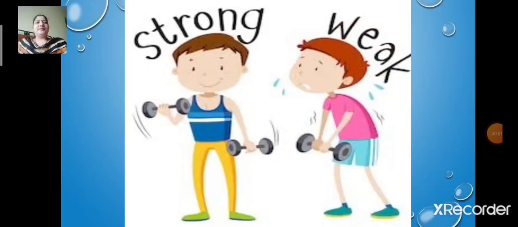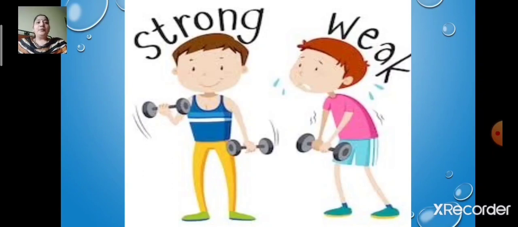Next, strong, weak. This boy is strong and this boy is weak. Children, when you eat healthy food, lots of vegetables and fruits, and exercise regularly, then you become strong.